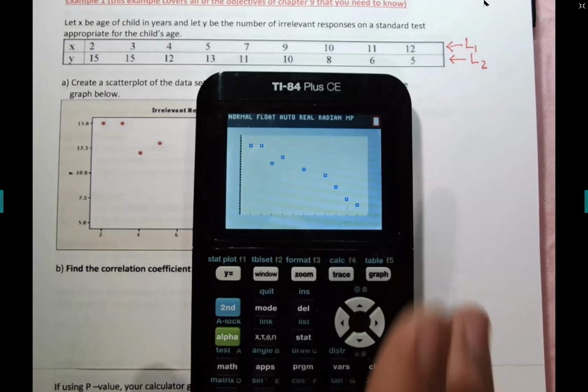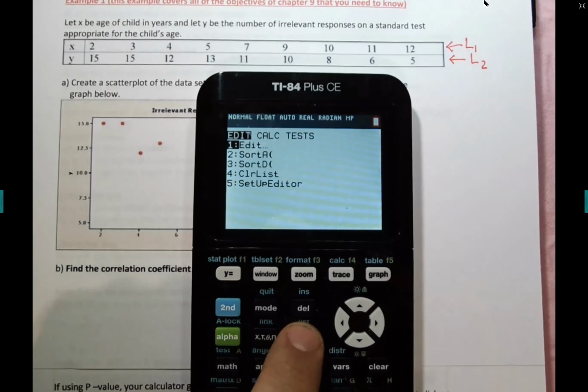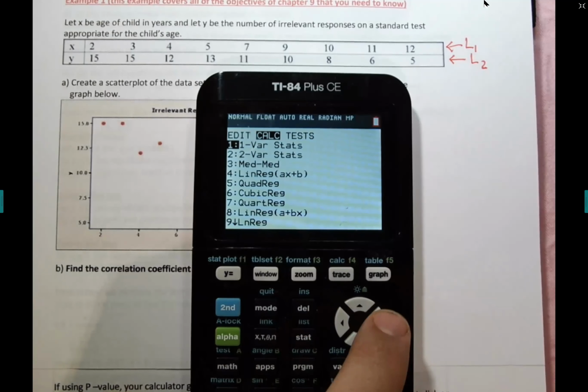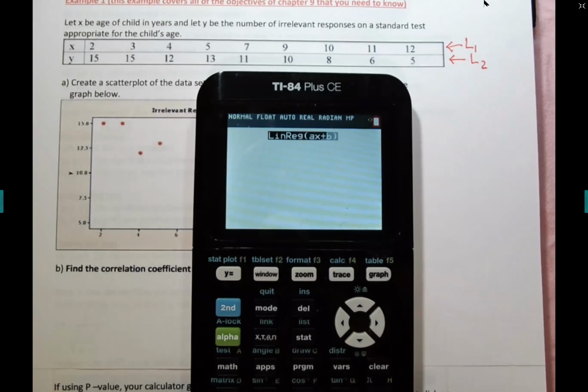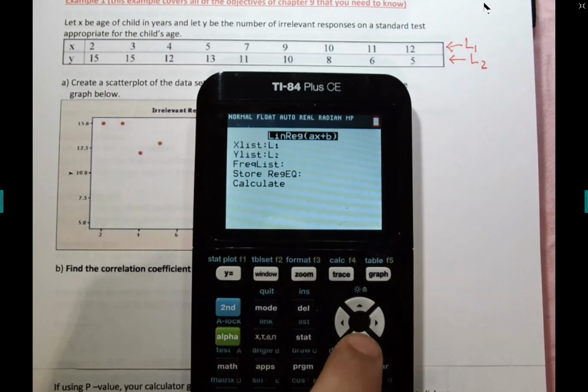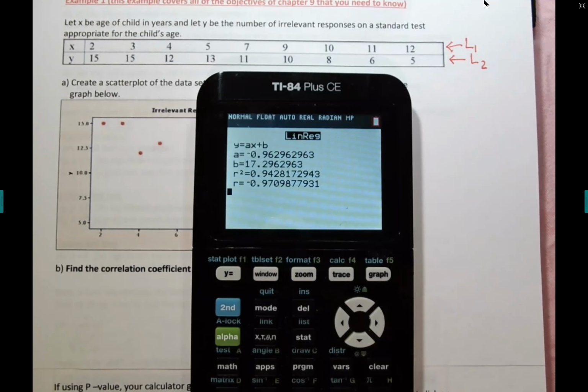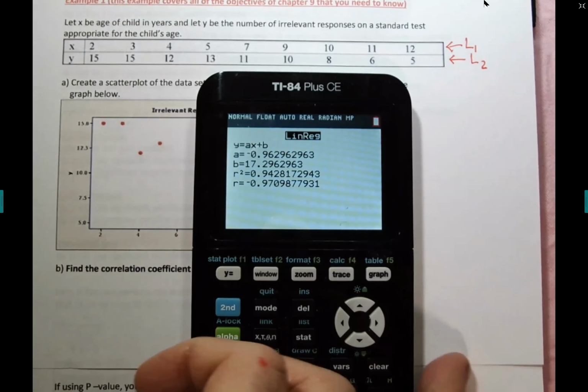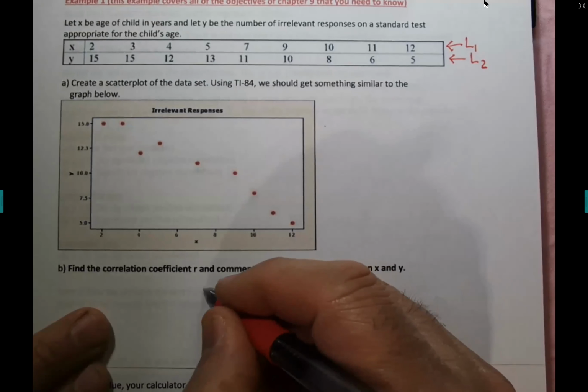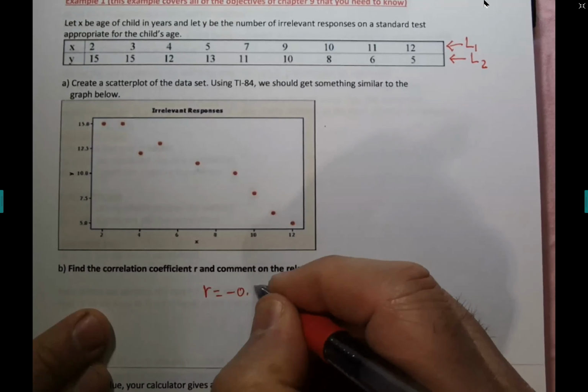Whatever I did earlier, guys, I do stat, calc, number 4, enter, and just calculate. Here is R. If I round R to two decimal places, it will be negative 0.97.